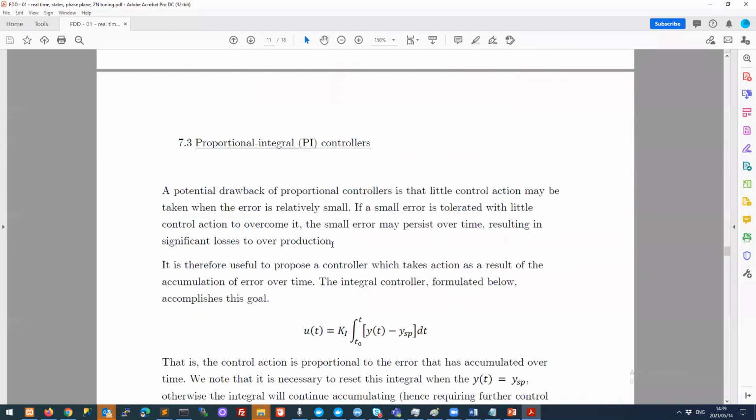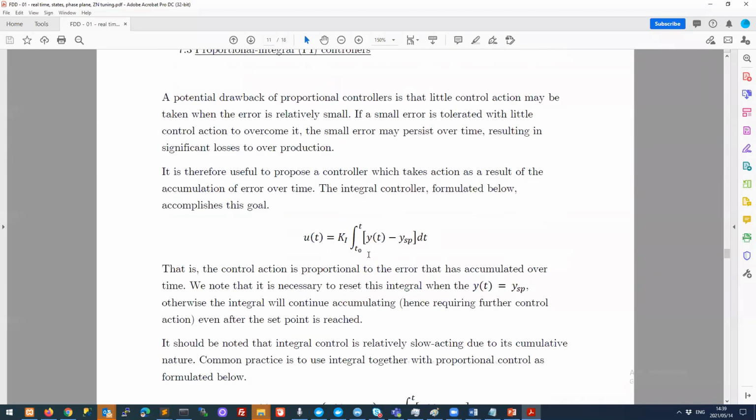And then you can talk about proportional integral. So you can say, well, I tried to apply lighting, but the room still stayed dark. And as time is going on, it's still staying dark. So I want to apply control action that's proportional to the amount of time.